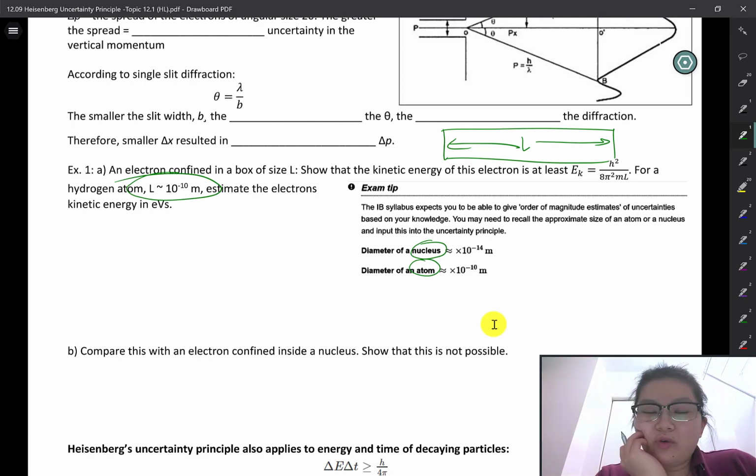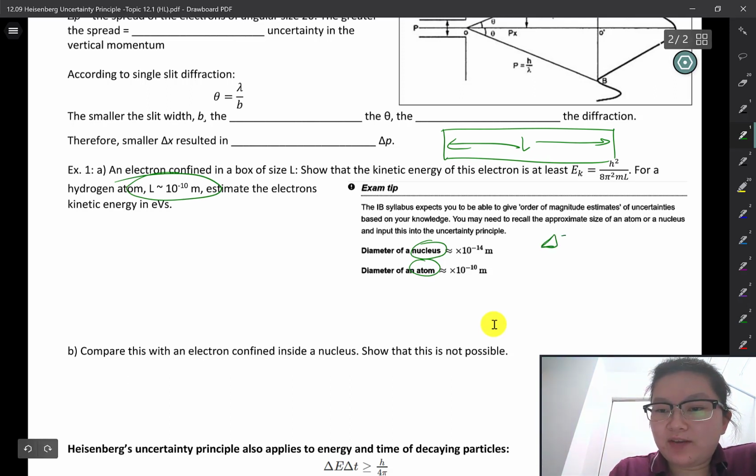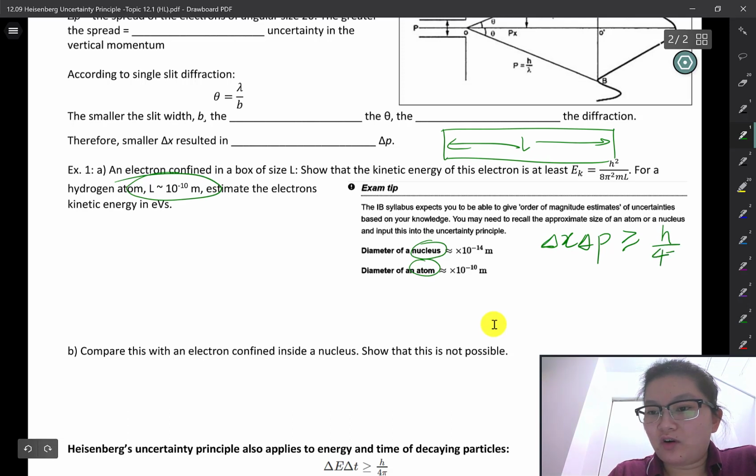With the uncertainty principle, we have delta x in position and delta p in momentum, whose product is greater than or equal to h over 4 pi.